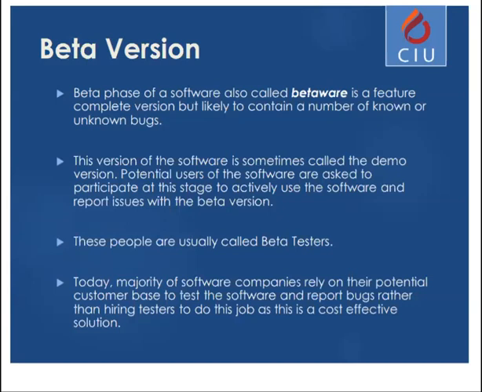The majority of companies, not the big ones, I'm talking about medium or small companies, do not keep explicit testing groups, but rather they rely on their customer base to test the software, because this is a more affordable way.